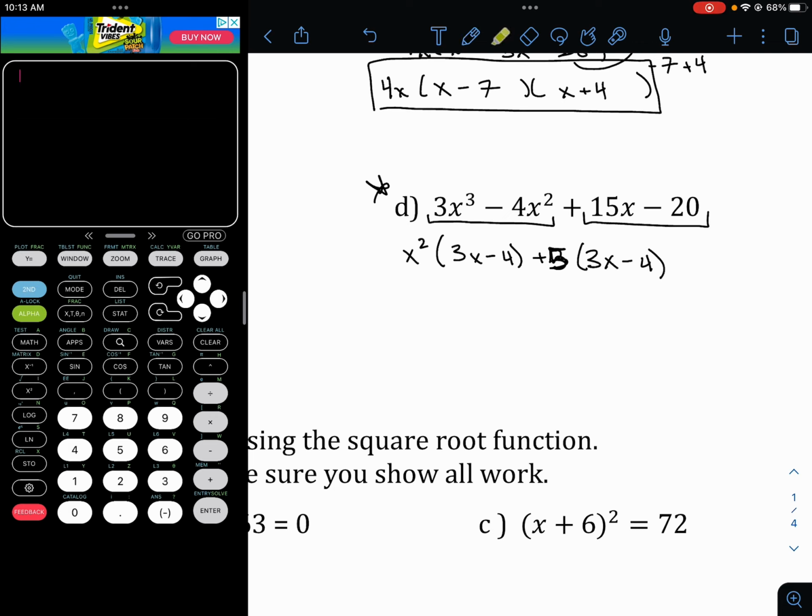And what you'll notice happens is this x squared and the 5, they are going to become one factor. And the other factor in parentheses will be the other portion there. So possible bonus opportunity for that type of question. Maybe something you want to write down.